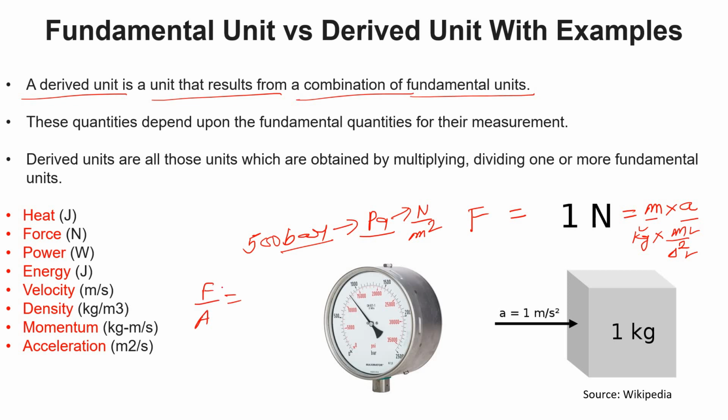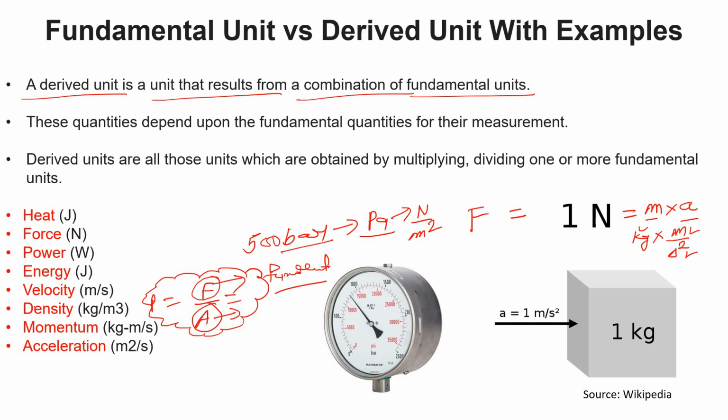If you further simplify it, you will find out that this pressure is also a derived unit, formed from the combination of two derived units. And if you further simplify these two derived units, you will find out that the base is the fundamental units or fundamental quantities. I hope you understood my point.